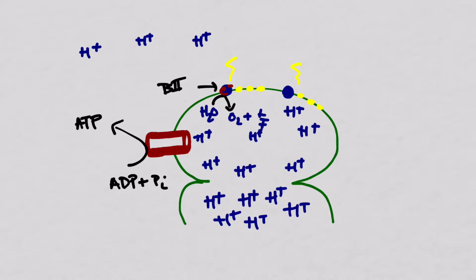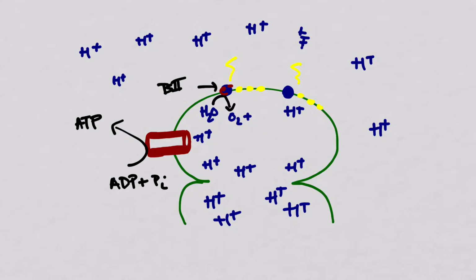Ooh, this one's on its side now. And in doing so, it's going to spin a little turbine in this molecule of ATP synthase, and it's going to catalyze the formation of ATP.